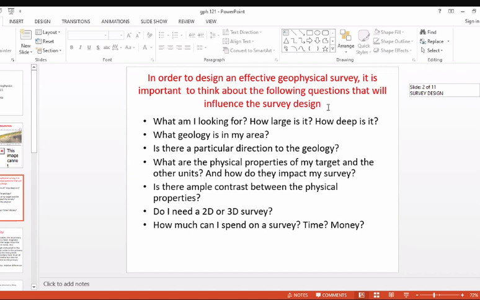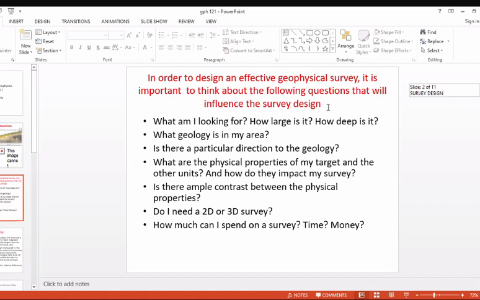What geology is in my area? You need to understand the geology of the area as well. With adequate geology, whatever you are seeing, you will be able to explain what it represents. Another question: is there a particular direction to the geology?